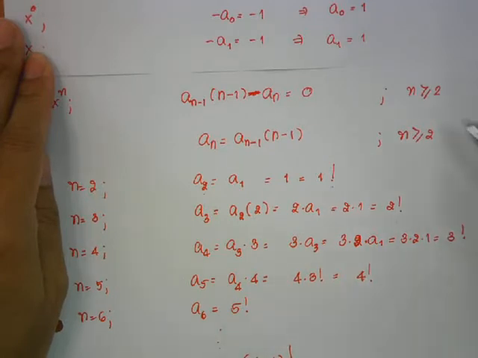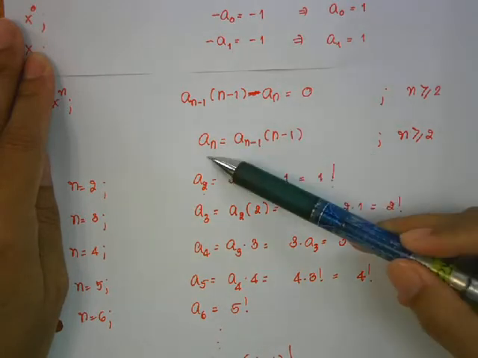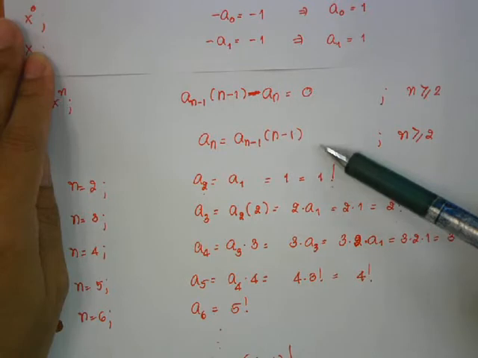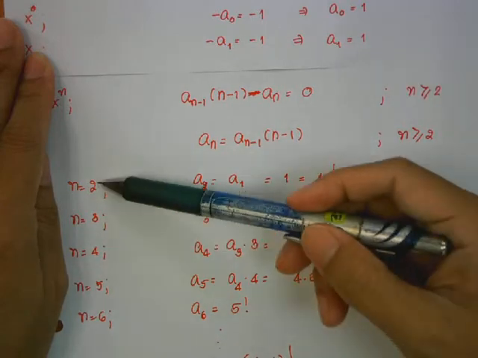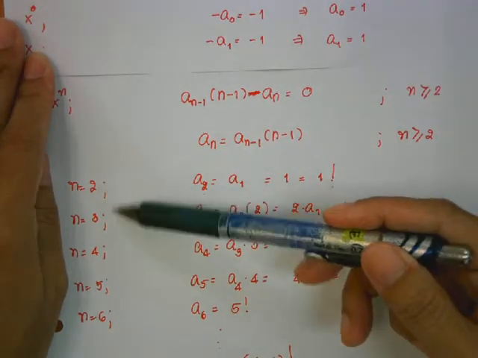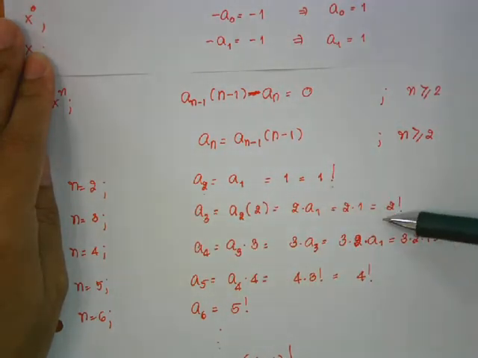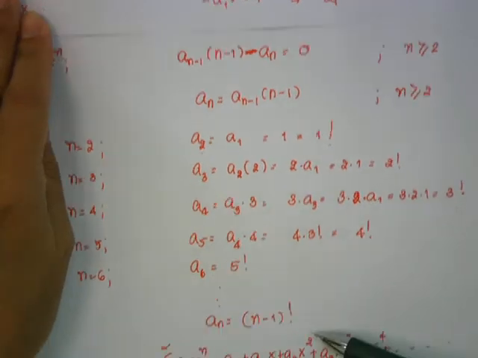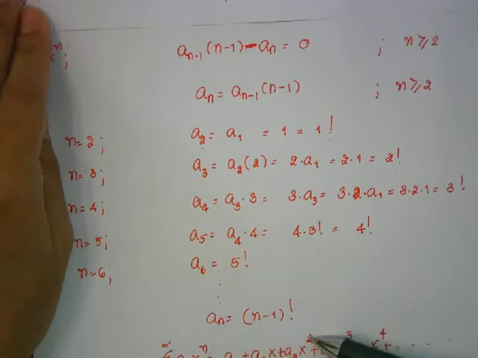Although I know that my a_n is equal to a_(n-1) times n minus 1, I cannot conclude from this alone that it's equal to n minus 1 factorial. I have to write it down in terms of the numbers in order to know the rhythm of the function. Then finally, I would end up with a_n equal to n minus 1 factorial.